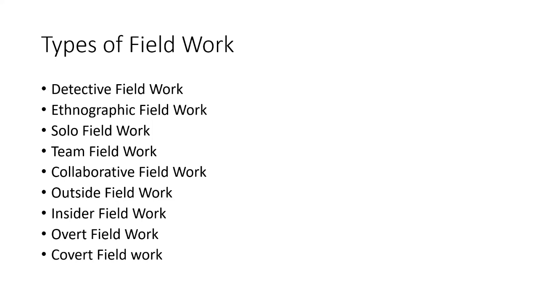In this kind of fieldwork, the participants are being researched in secret or without consent. Usually, there can be ethical concerns associated with this kind of fieldwork. So yeah, these are the types of fieldwork. Let's go to the next content.